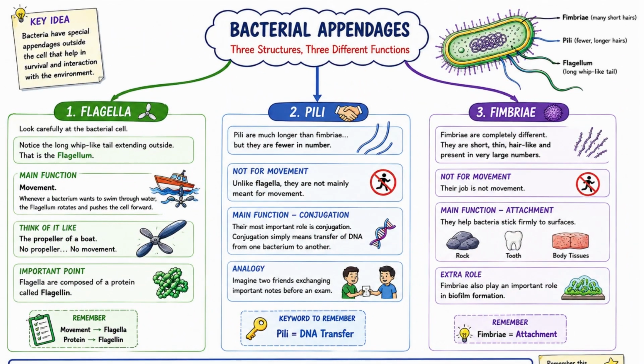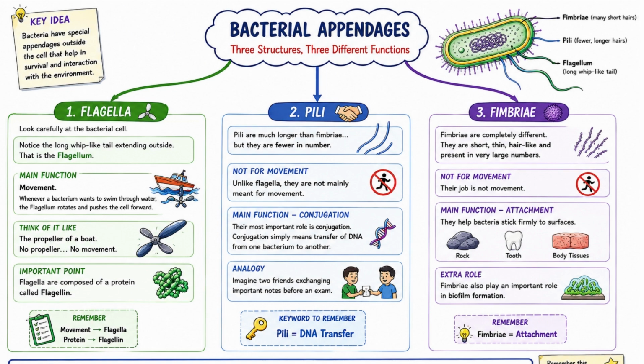Fimbriae. Now comes the third structure. Fimbriae are completely different. They are short, thin, hair-like, and present in very large numbers. Their job is not movement. Their job is attachment. They help bacteria stick firmly to surfaces.